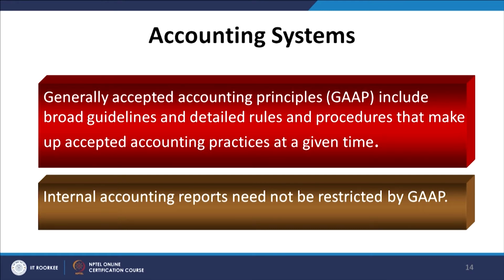I think you have already gone through these accounting principles. You are well versed with them, where we talk about the concepts of accounting, conventions of accounting, different types of accounts, rules of passing the journal entries. These generally accepted accounting principles are known to all who are concerned with the accounting and financial information of the firm.